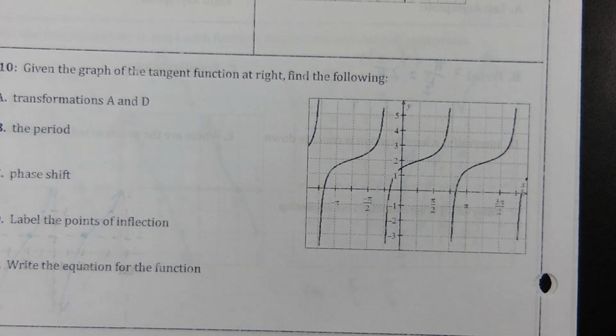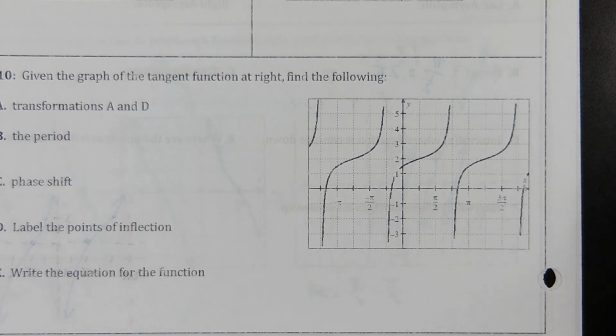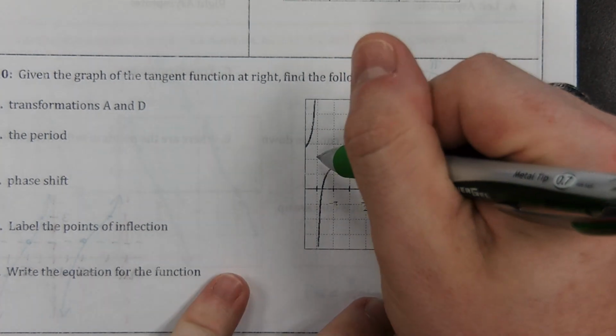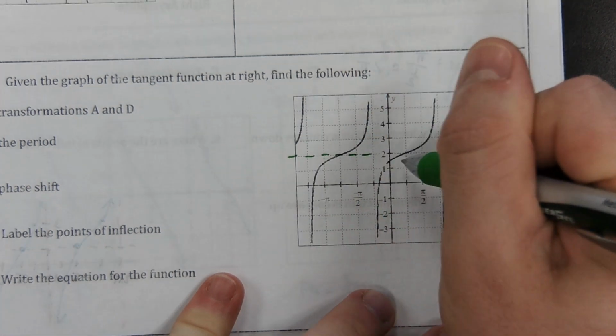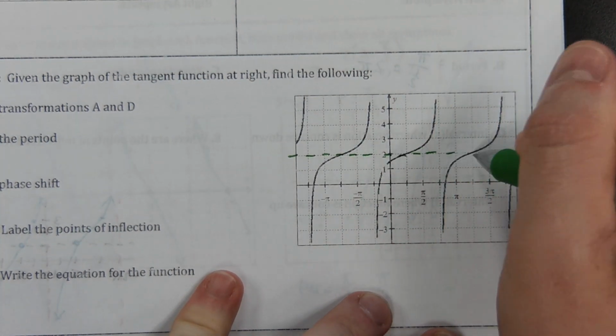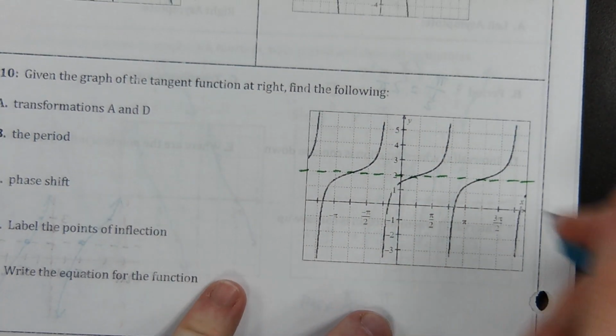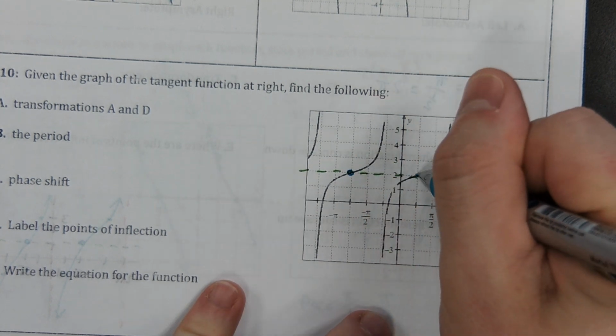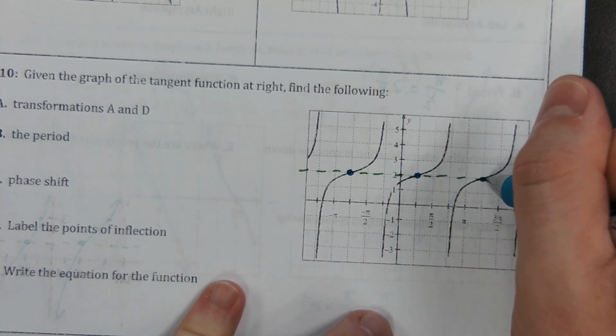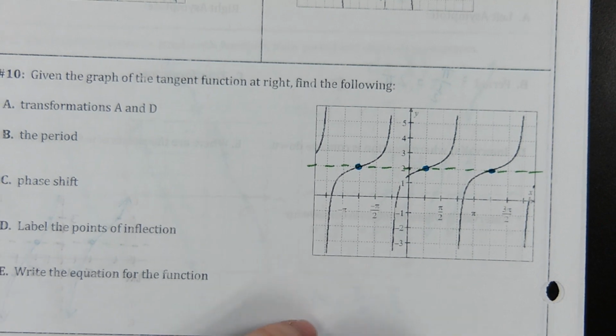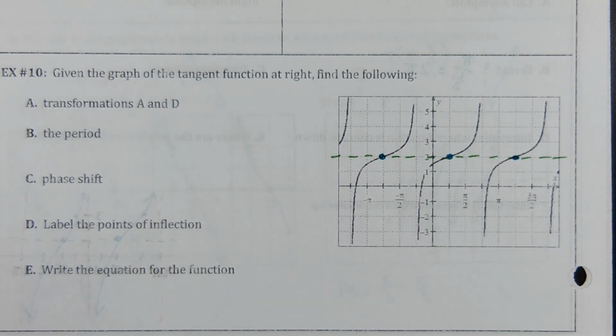First of all, you should be able to see the horizontal line where your inflection points occur. What y value is that? Positive 2. So at y equals positive 2, we clearly have a line for our inflection points. So let's say a vertical shift, but I'm not going to say that first.